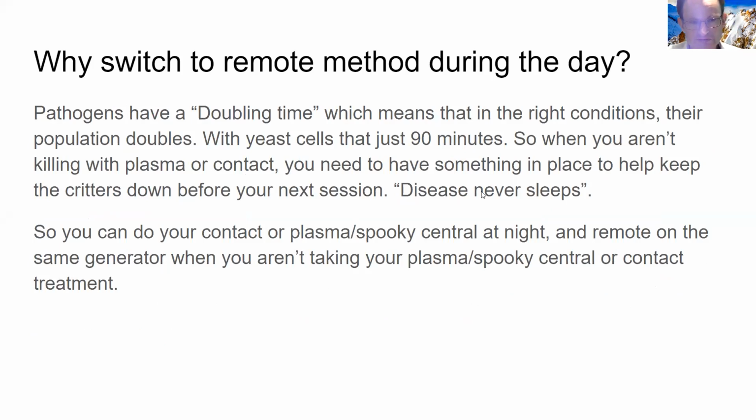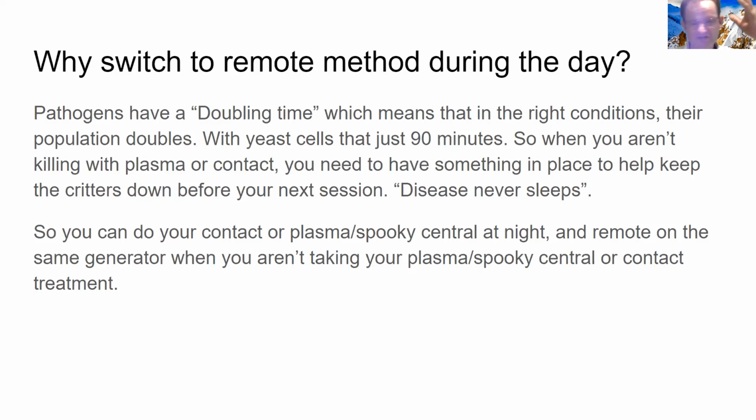Why switch to remote method during the day? Let's say you've done an overnight session. It's done on contact, it's done on plasma. You would then in the morning unplug it, plug your remote units and boost into your generator and run the remote equivalent on the same generator. It's just because pathogens have a doubling time. With yeast cells, it's 90 minutes.